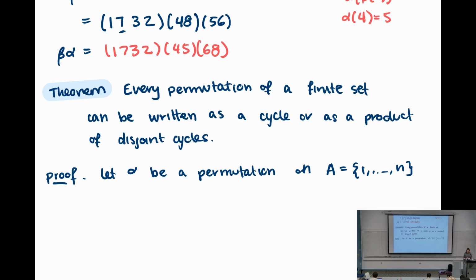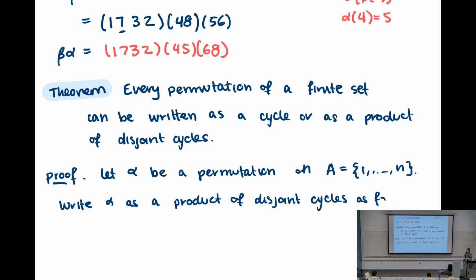And then what we're going to do is write alpha as a product of disjoint cycles, as follows.